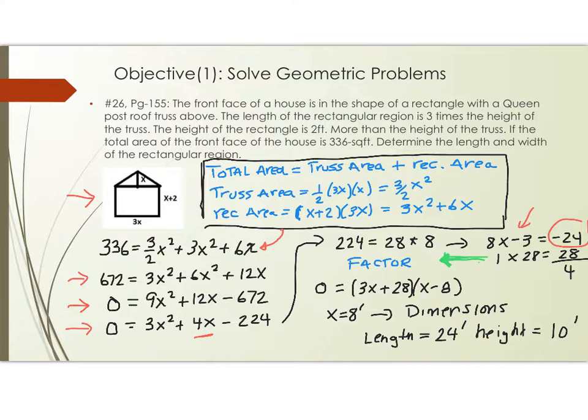So it's factorable, and I can factor it into 2 pieces. I get a factor of 3x plus 28, and I get x minus 8. So the only possible dimension is positive, so x is equal to 8 is my answer. And so my dimensions for the length is 24 feet, and the height is 10 feet.